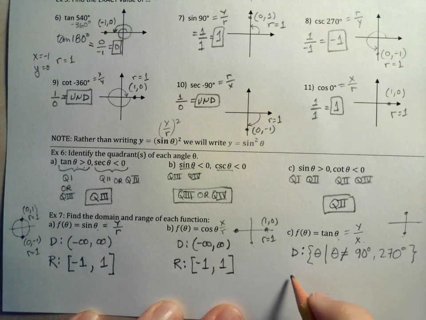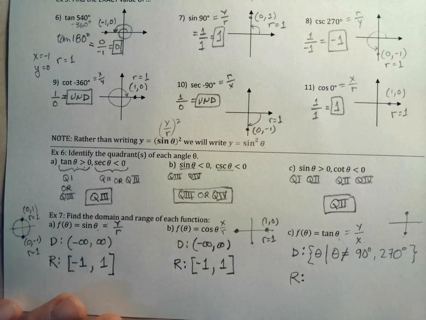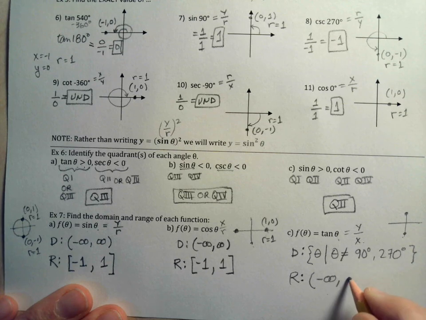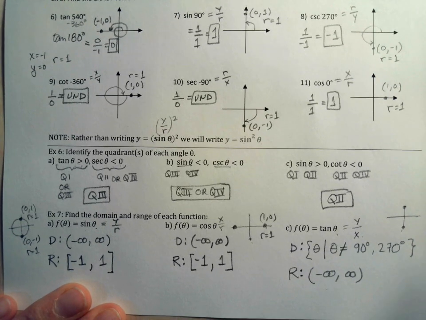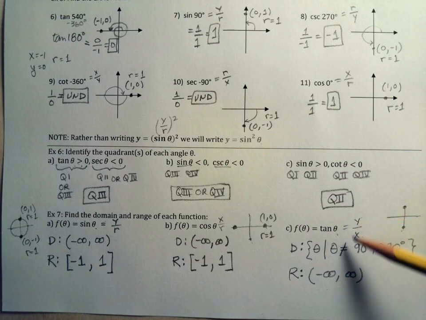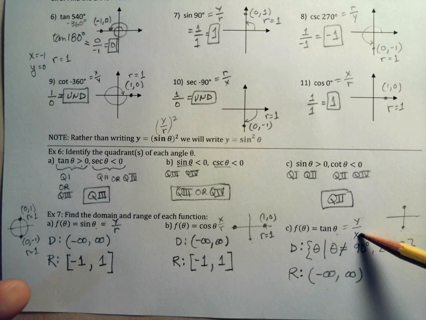But the range, and again, this will be more clear when we go to graph some of these things, is negative infinity to infinity. Because if you think about it, x can be down close to 0, in which case if y is big and x is getting close to 0, then this thing could explode and get really big.